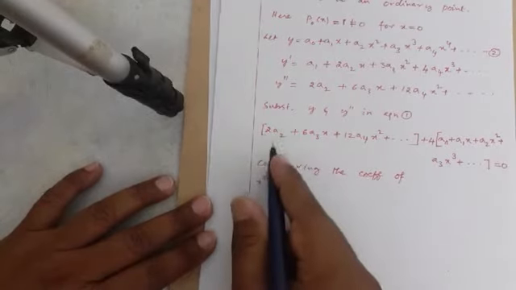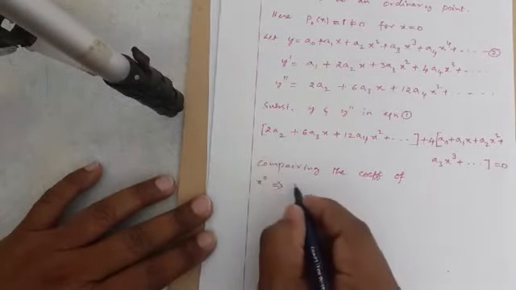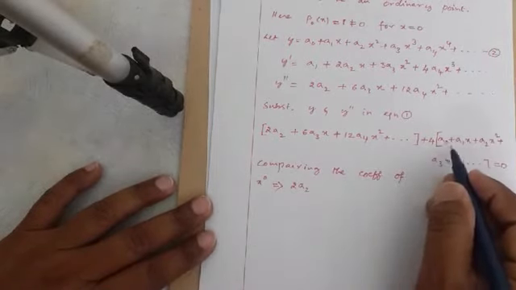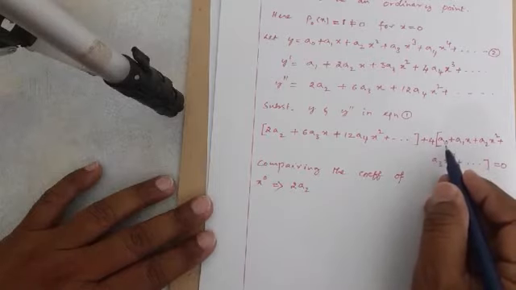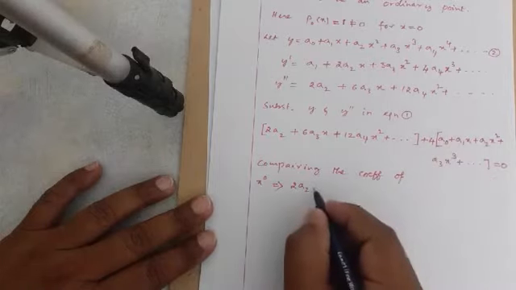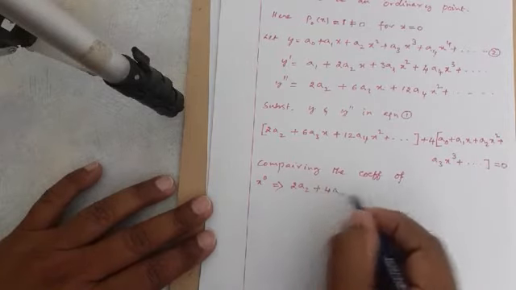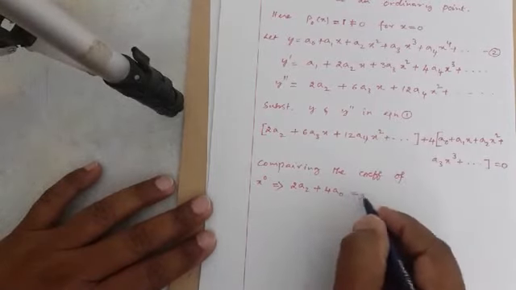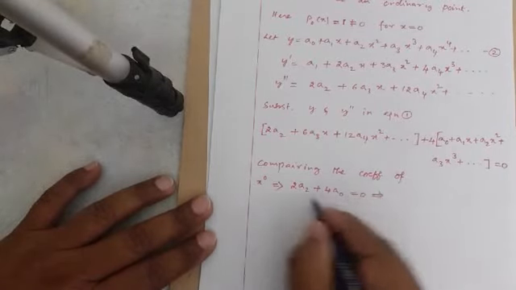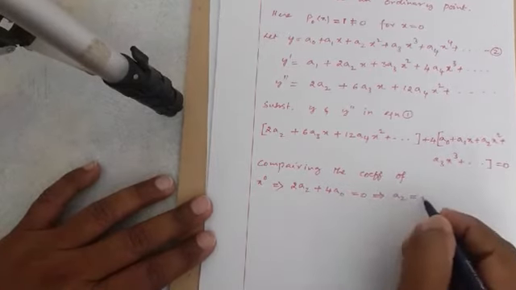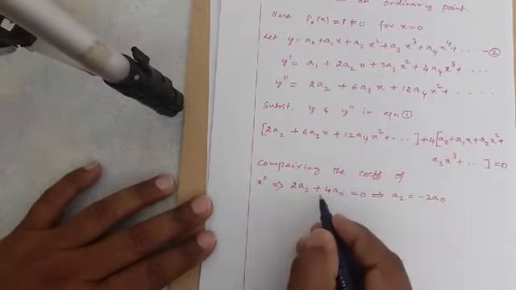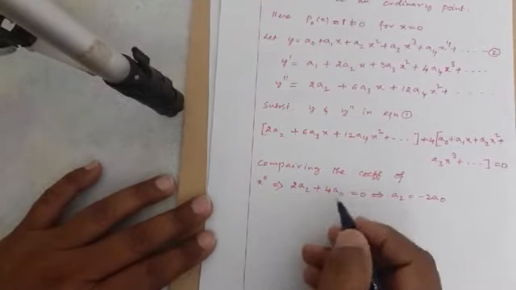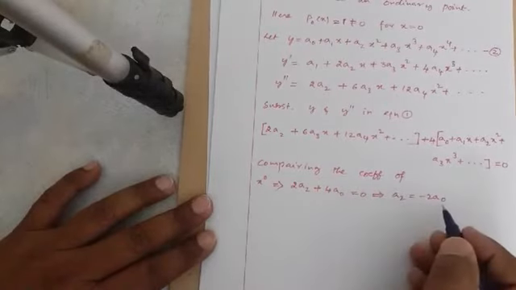So this is the coefficient of x⁰, and we write 2a2. Now here we have a0, so we consider a0 into x⁰, so it becomes plus 4a0. We multiply 4 with a0, so this becomes equal to 0, which implies a2 = -2a0. When you take this 4a0 to the other side and cancel the 2, this becomes a2 = -2a0.